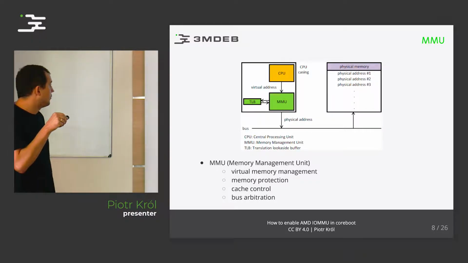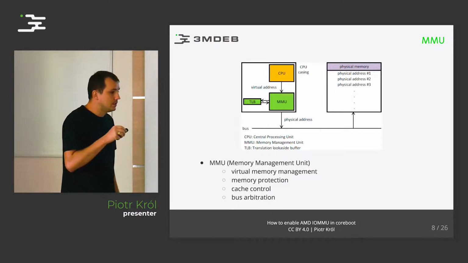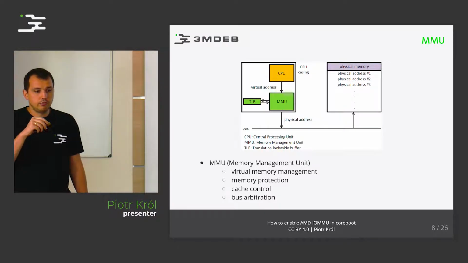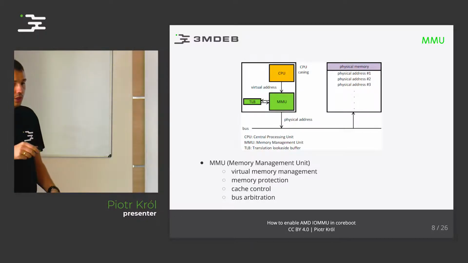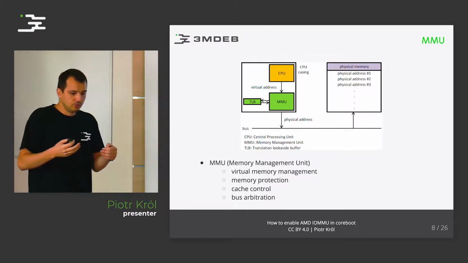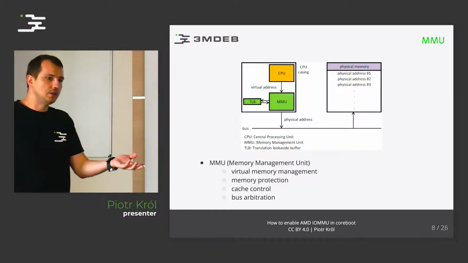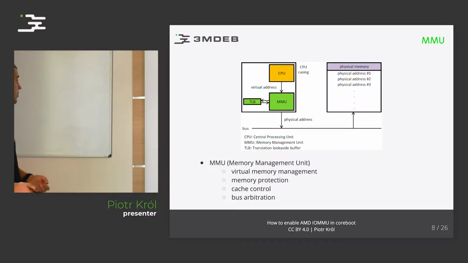There is also something called a TLB, Translation Lookaside Buffer. This is like a cache for those translations, which just makes things simpler and faster to find those mappings. Okay, I have this virtual address, where is the physical address and what's its value?